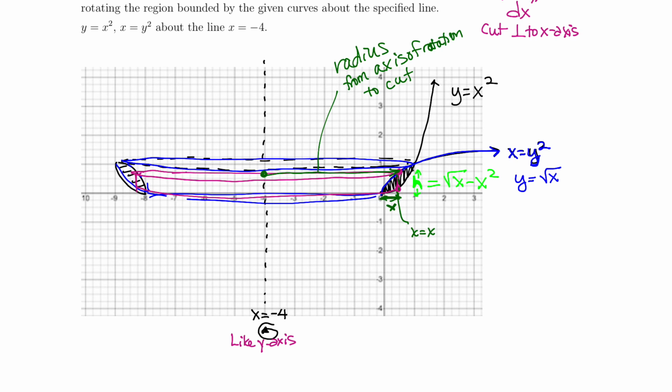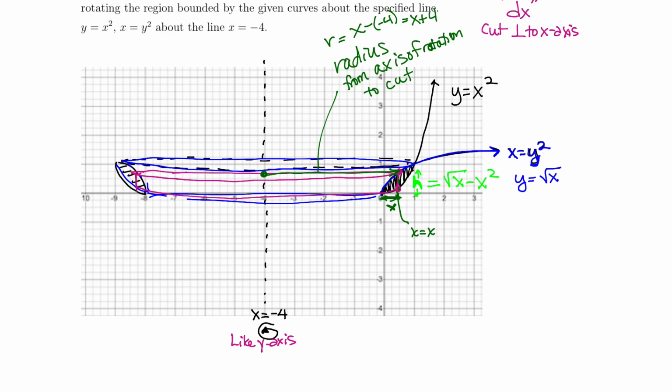So if I want to get my radius this time, I have to take x and subtract from it the distance to get to the other axis. Right minus left. Are you with me? So the right side is x. The left side is -4. So my radius, do you see, Patrick, on this one, how the radius extended? My radius actually turns out to be x minus -4 in this example, or x plus 4.